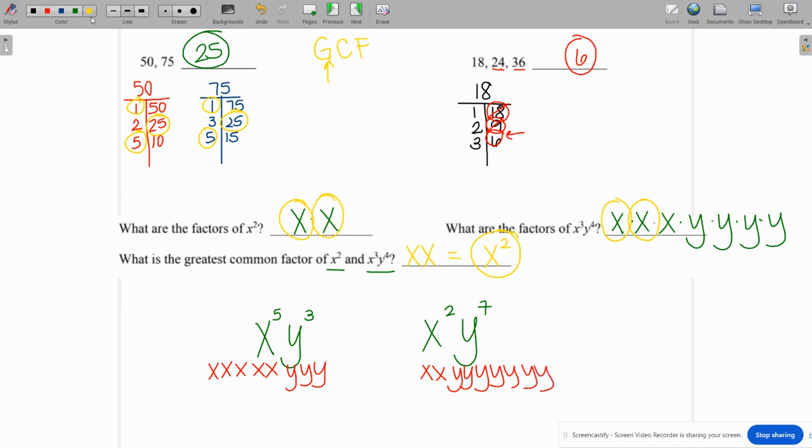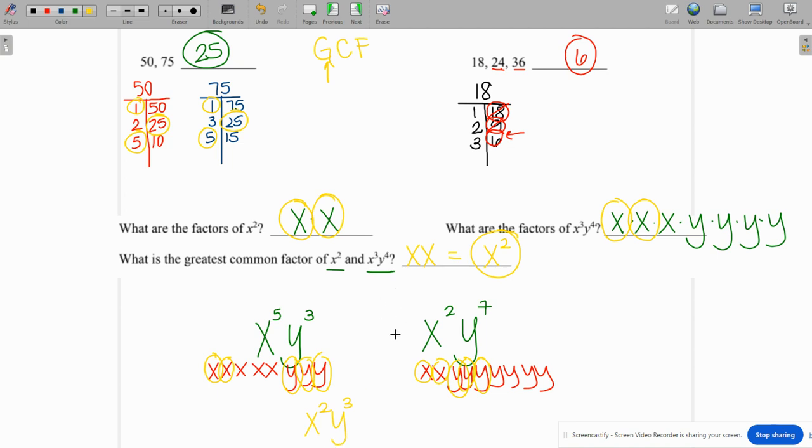And you'll notice that what they have in common is if you have an x here and an x here, another x and another x, they have x squared in common. And then out of the y's, they have one y, a second y, and a third y. They have y cubed in common.